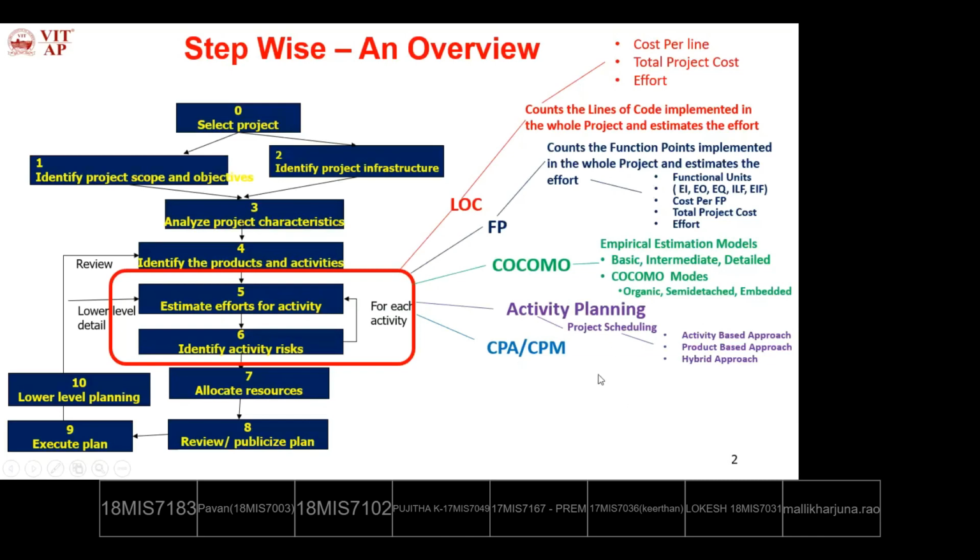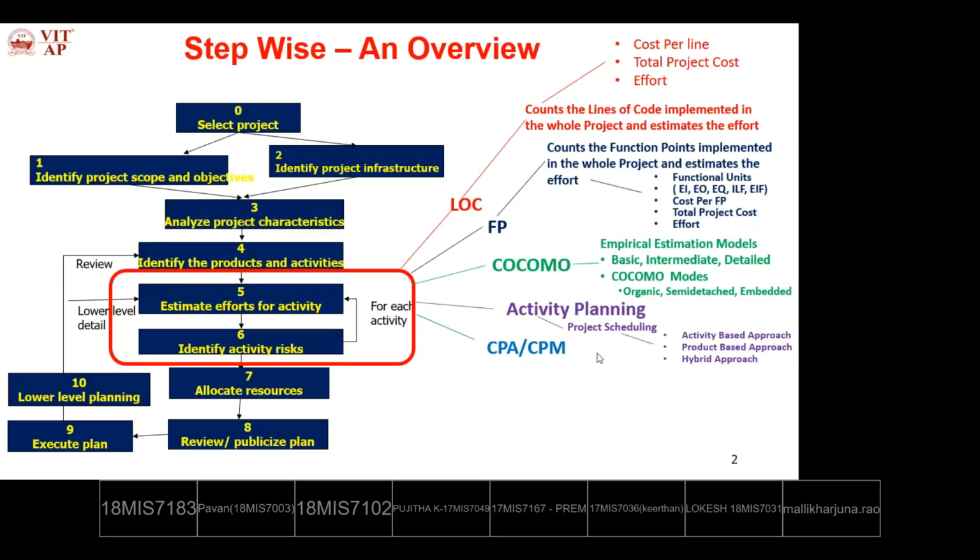By any chance, if any activity or task is delayed, it is called a critical activity or critical task. Sometimes some of the tasks are not finished by the given deadline, so they take more time. Those tasks are called critical tasks or critical activities.